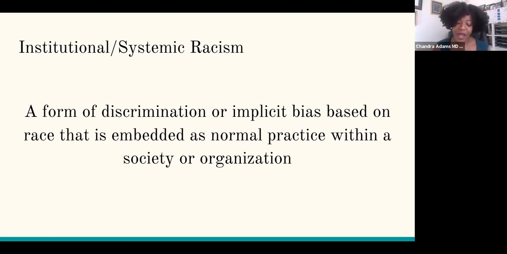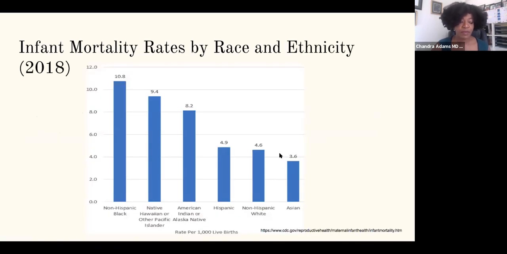She does not die from hypertension. She dies from systemic racism. Recognizing the difference in those two definitions is important in making sense of these numbers, because the trickle down is this set of data. Our babies are dying at higher rates right along with their mothers.